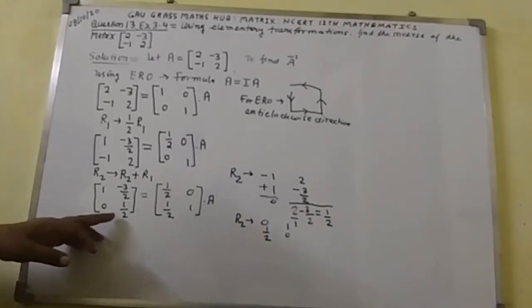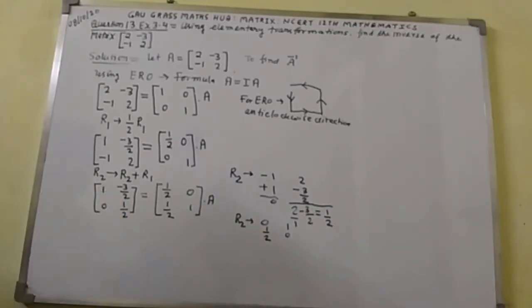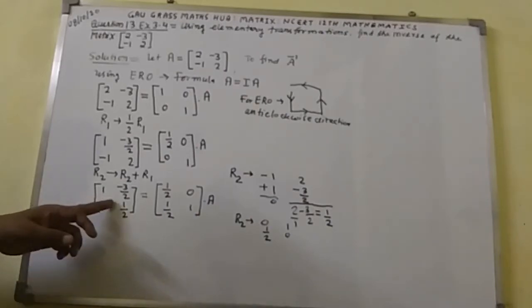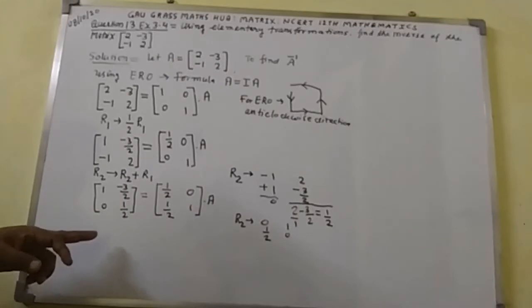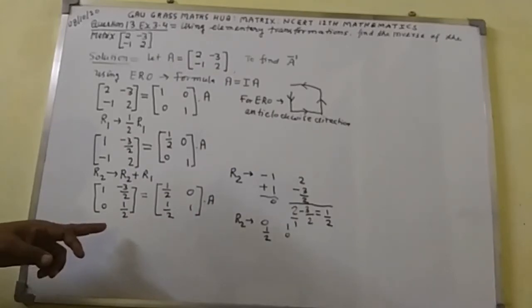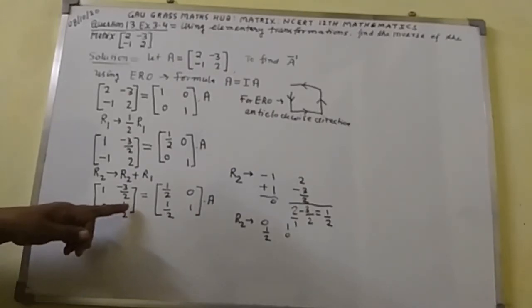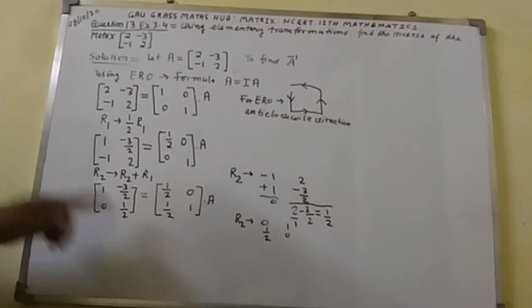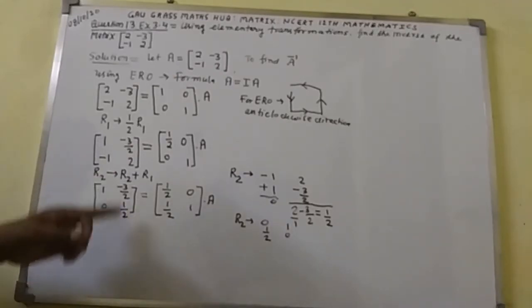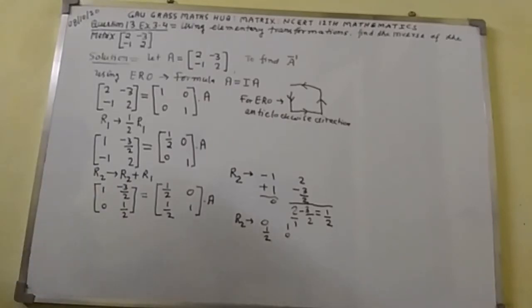Now you have got this matrix. In this matrix, you will apply the row property so that this element 1 over 2 becomes 1, because the whole of this matrix is going to be converted into an identity matrix. So let us see.